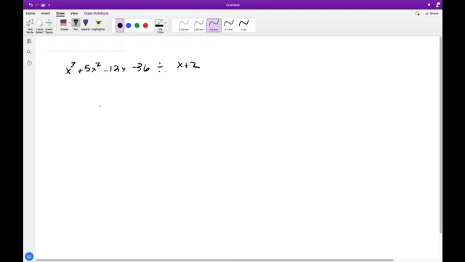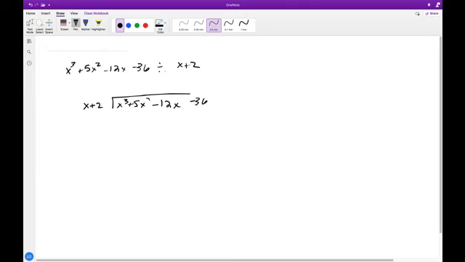Okay, so two different ways to go through this. Let's look at the long division first. So this means x plus 2 goes into x cubed plus 5x squared minus 12x minus 36.